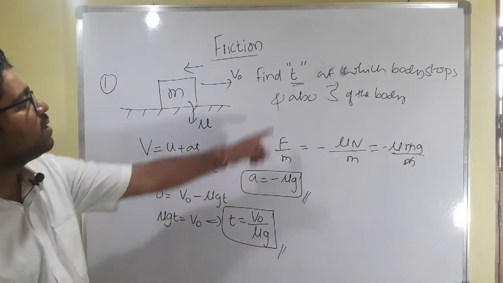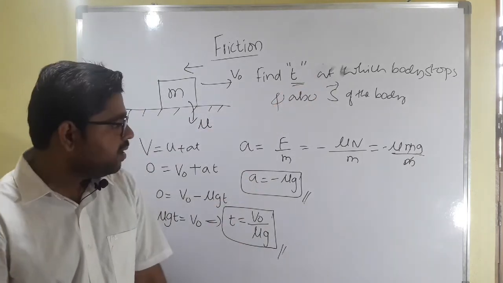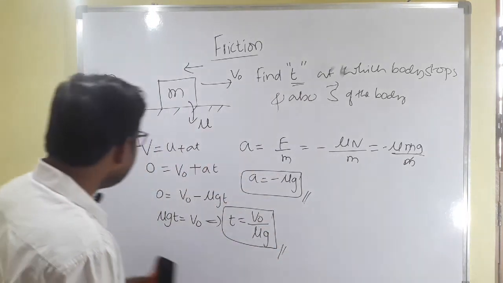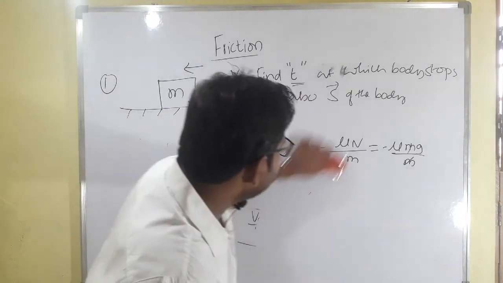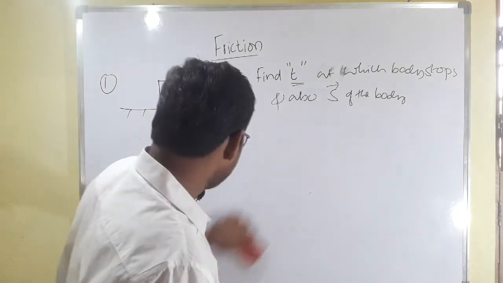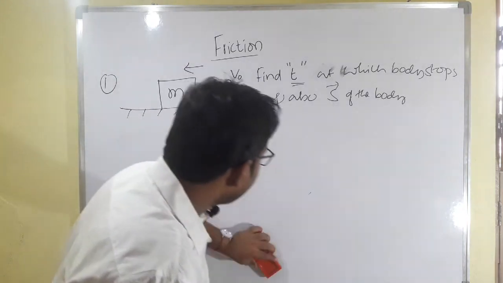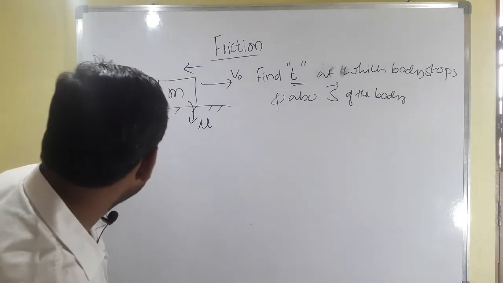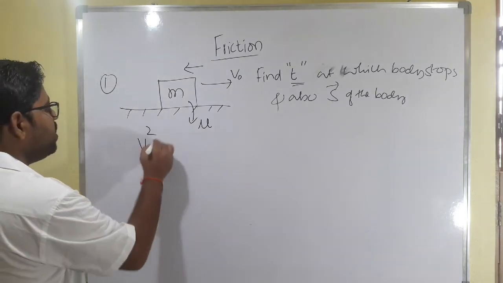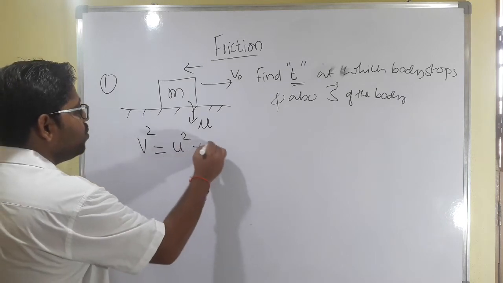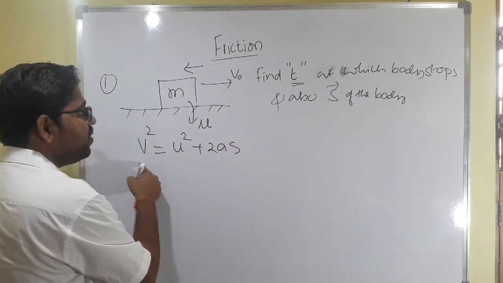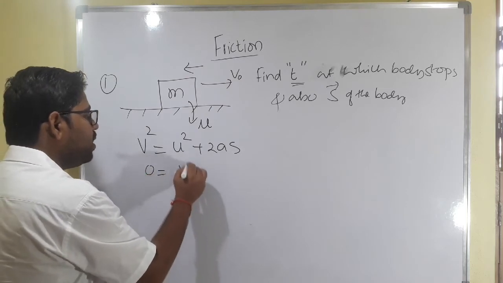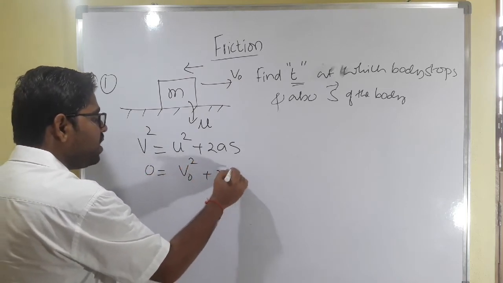The second question asks us to find the displacement of the body. Let's see. We will use the same kinematic equation and substitute that value. V square is equal to u square plus 2as. V is 0 when it comes to rest, u is v naught, and a is minus a.